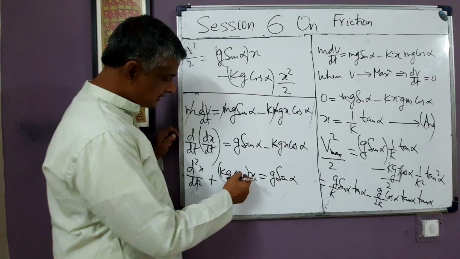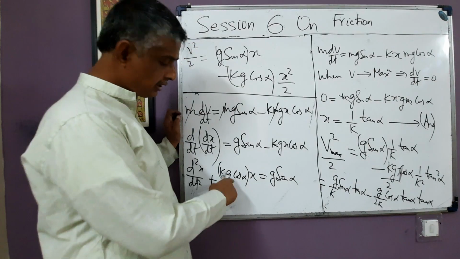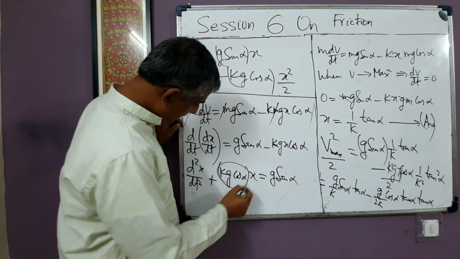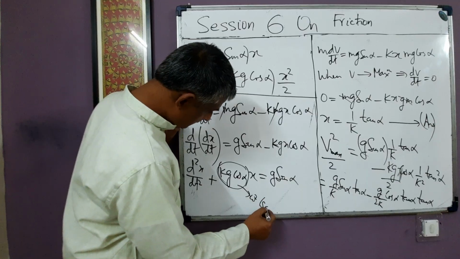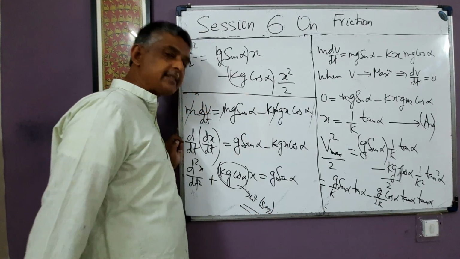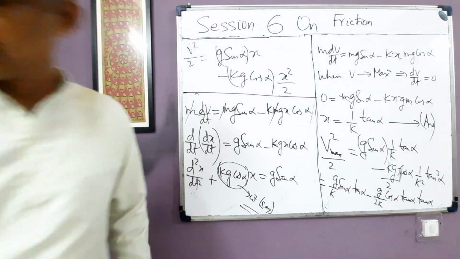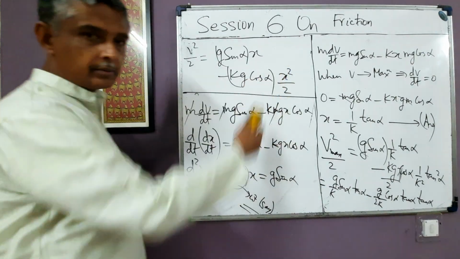So this kg cos alpha is a positive quantity. It's a positive real number. So this entire thing can be denoted by omega square, say. Alright.